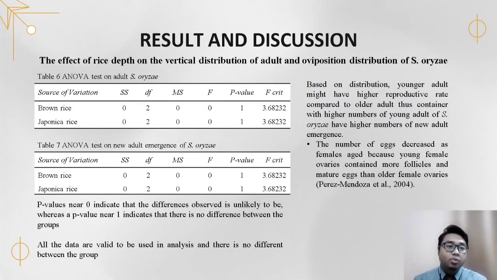Based on these two tables, we conclude that all the data are valid to be used in analysis and there is no difference between the groups. And based on the distribution also, the younger adult may have a higher reproductive rate compared to the older adult. Thus, a container with a higher number of adult SRIZ might have a higher number of new adult emergent. This is because the number of eggs decreases with the female's age, because young female ovaries contain more follicles and mature eggs than older female ovaries.